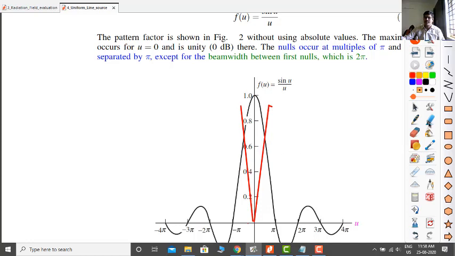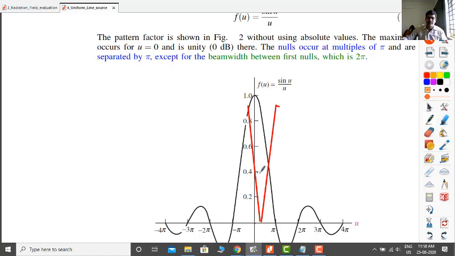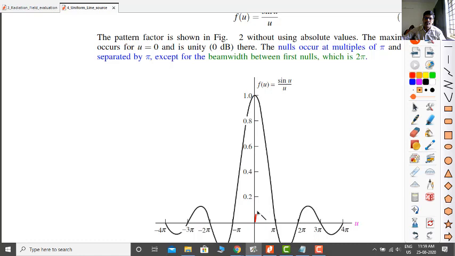Let us assume this is my 0.474, and this one is 0.707, and another one is through 0.707.